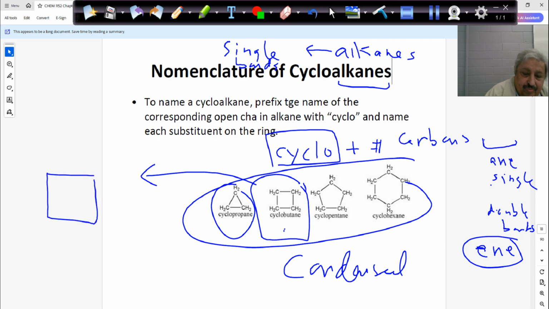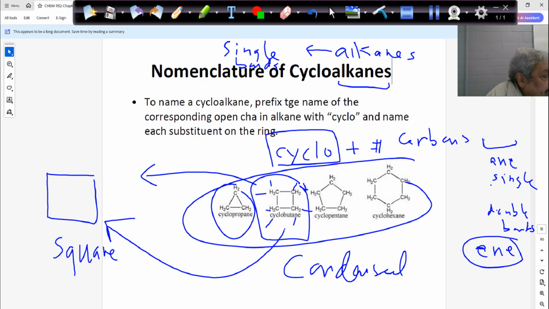It looks like a square because the single bonds are equal in length. If I open all the hydrogens, then it will be the expanded one. But this is for the molecular formula, you know that this is CH2 attached. So this is CH2 attached.